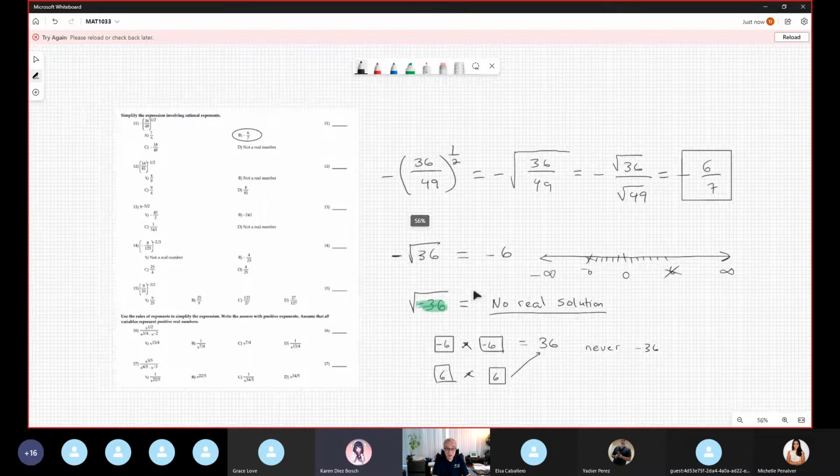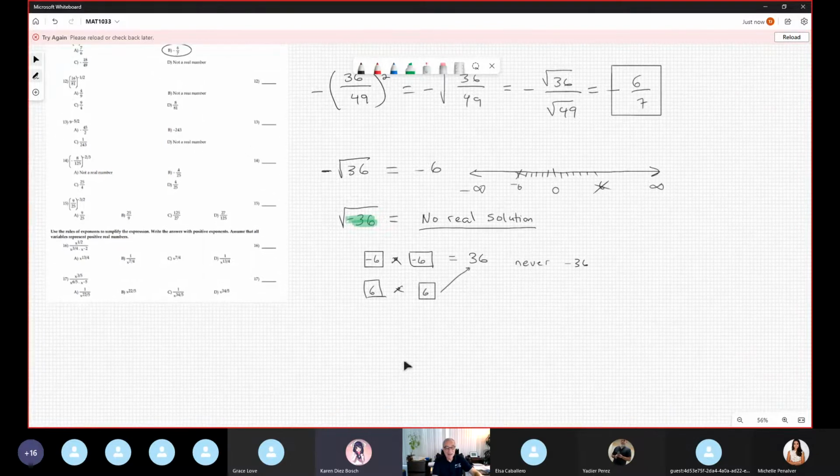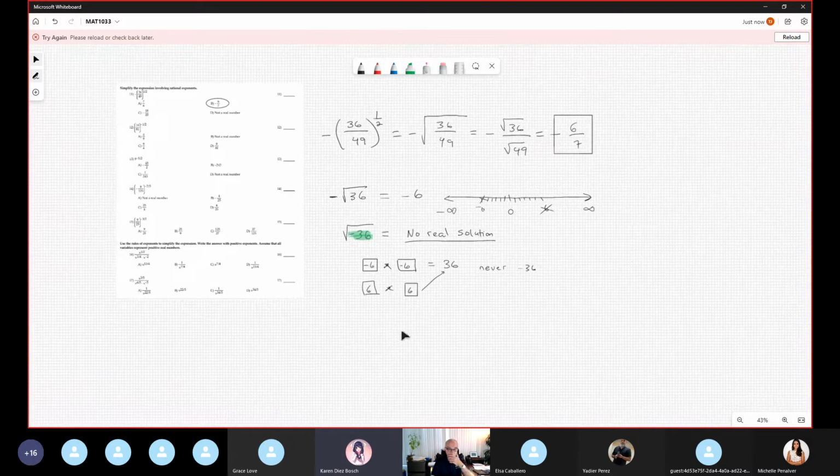That's how I try to explain the different options when you have a negative outside the radical or a negative inside the radical. A different situation happens if the index of the root is not even, but odd. Suppose this example: minus the cube root of minus 27.